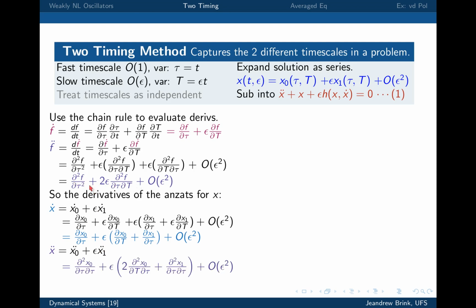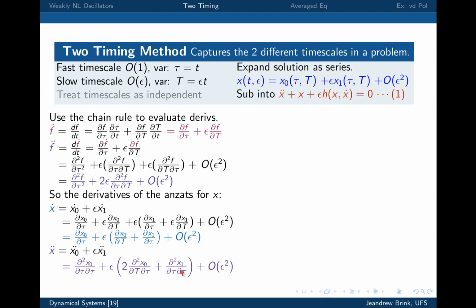So what we're going to get there is this expression for x0, the second derivative with respect to the fast time, plus 2 epsilon times x0 with respect to the slow time and then with respect to the fast time, plus, and then we just keep the first term, epsilon times the second derivative of x1 with respect to the fast time.